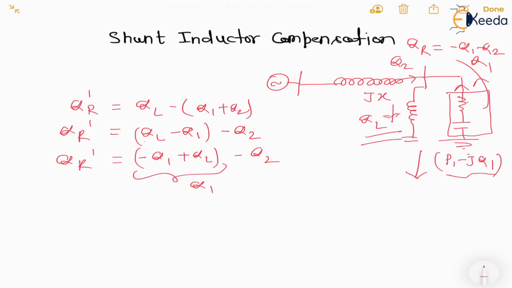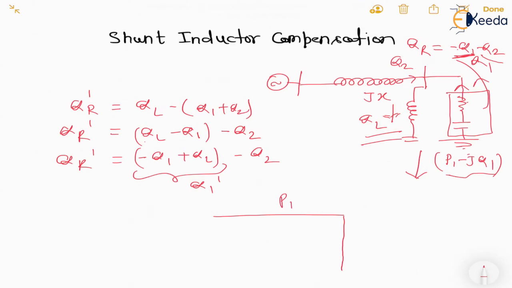We can term this Q1 dash. Initially, without compensation, the reactive power supplied was minus Q1 from the load, and now it is minus Q1 plus QL.